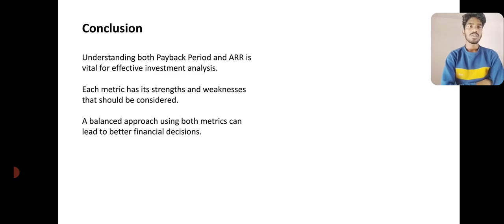A balanced approach using both metrics leads to better financial decisions. By using these techniques we can make better financial decisions in our company and run it in a profitable way.